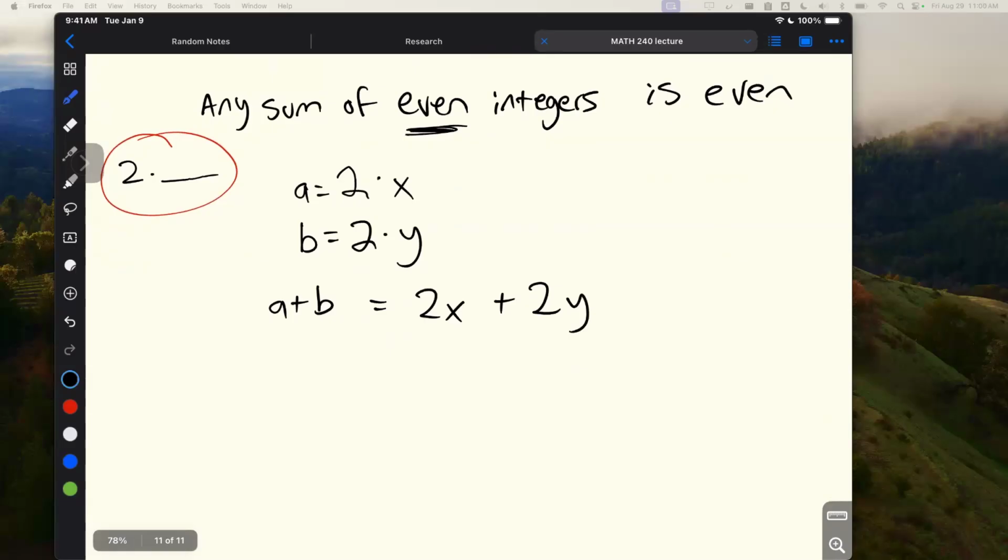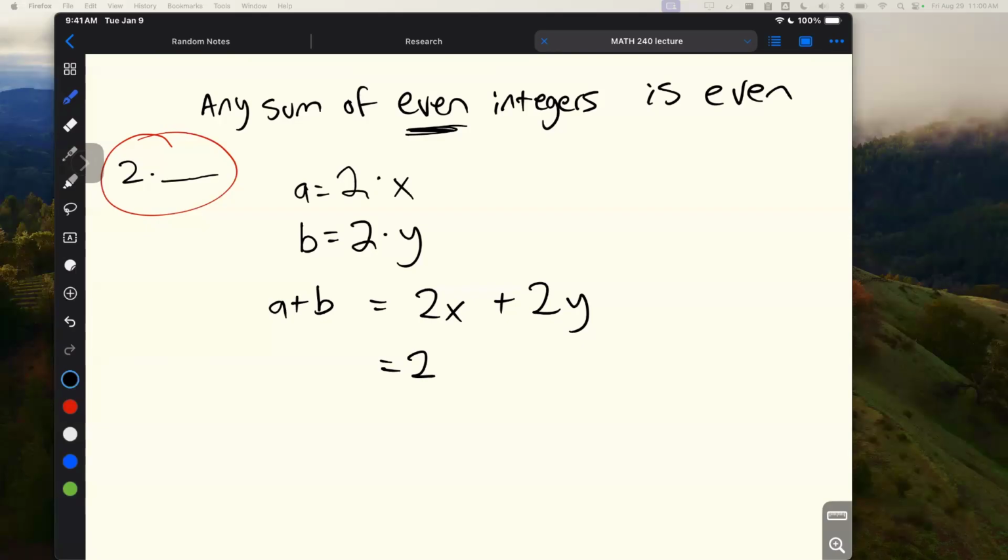And so that may seem okay, but there's a 2 in both terms, so we can factor that out. And that's by, what property is that? Distributive law that we talked about last time.